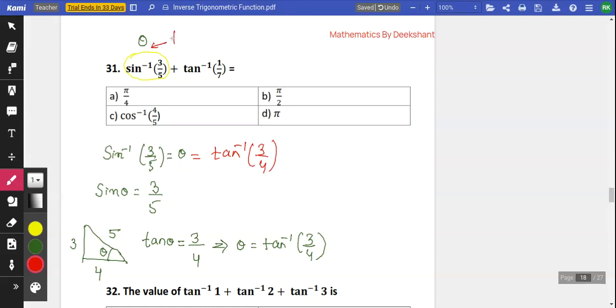Now again apply the same formula, tan inverse x plus y.